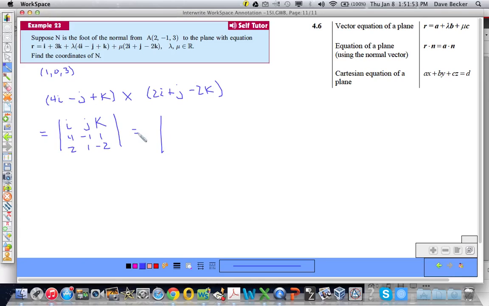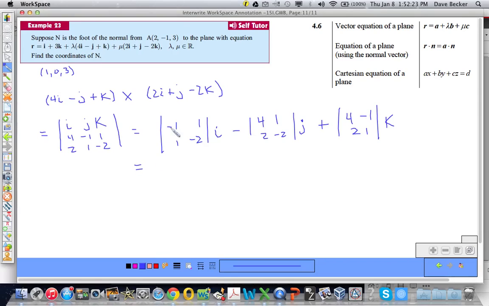So eliminate this row, and I have the determinant of -1, 1, 1, -2 times i, and minus the determinant of 4, 1, 2, -2, eliminating this column right here, times j. I think I said row before, that's bad. Plus the determinant of 4, -1, 2, 1 times k, and I got that by eliminating this row, okay?